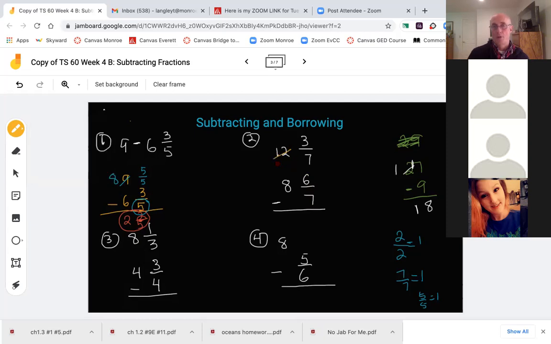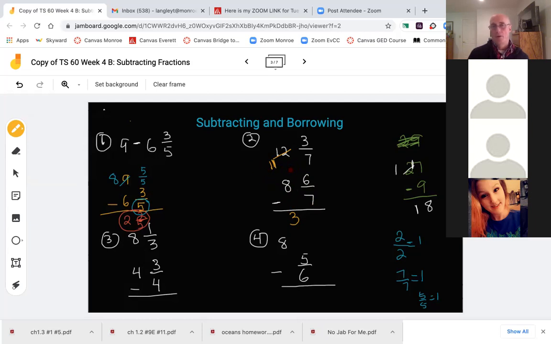I'm going to cross out the 12 and make it 11. Then, by the way, since you've now borrowed, you could go 8, 9, 10, 11 and write a nice big 3 here, so you don't forget the whole number. Now this is where it's getting to some steps.